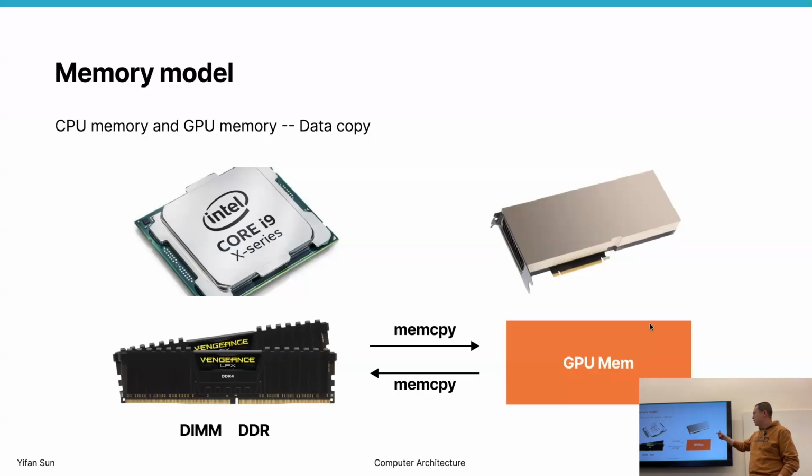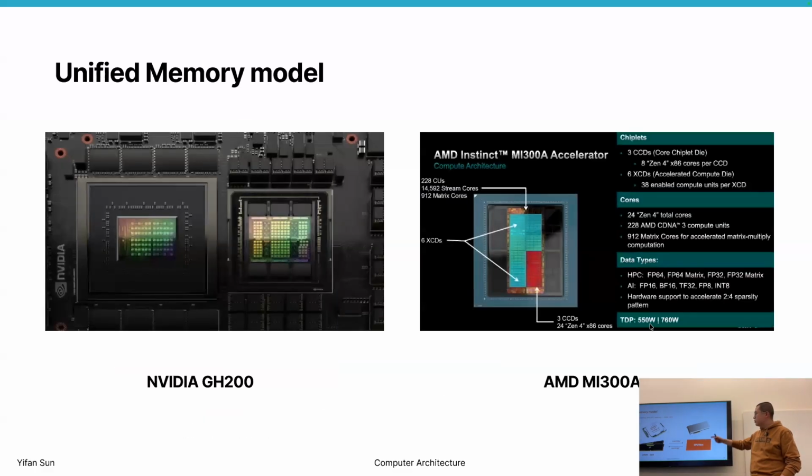Okay, so this is how GPU and GPU memory work, but to solve this memory problem, these vendors started to create unified memory systems. Then GH200 is one of them. GH200 is Grace Hopper. The NVIDIA name is Grace Hopper because their CPU chip is called the Grace chip, and the GPU is the Hopper chip, right?